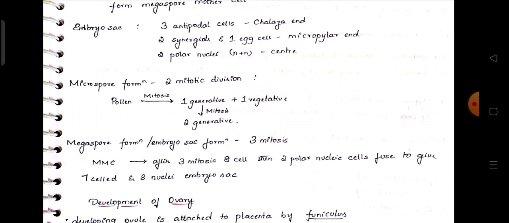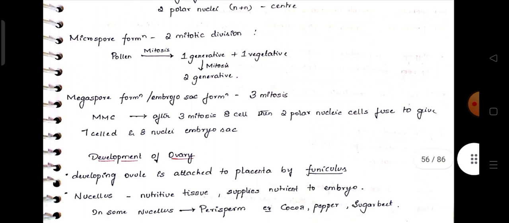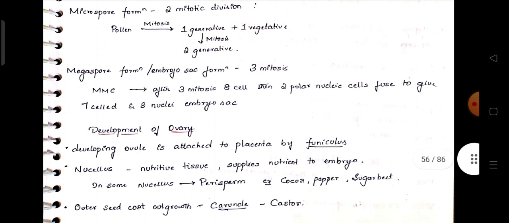Pollen will undergo mitosis, then 1 generative and 1 vegetative. Again mitosis, 2 generative cells will be formed. In megaspore formation or embryo sac formation, 3 mitoses take place. Megaspore mother cell after 3 mitoses gives 8 nuclei, and then the 2 polar nuclei fuse to give a 7 celled and 8 nuclei embryo sac.